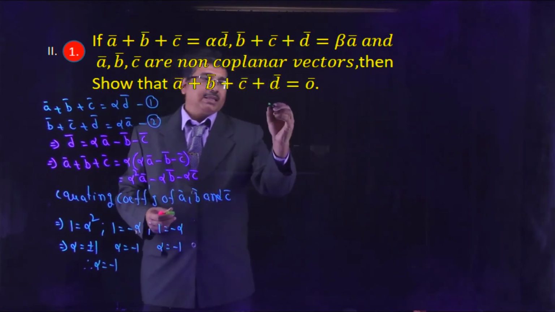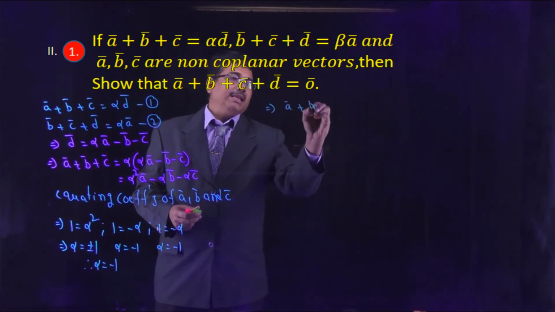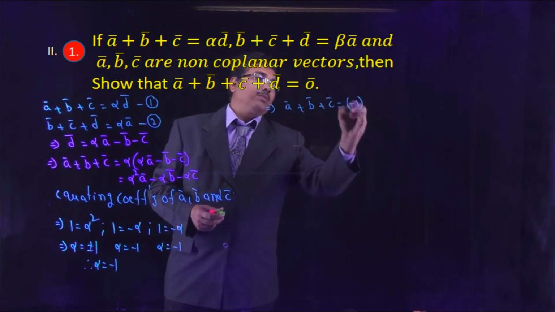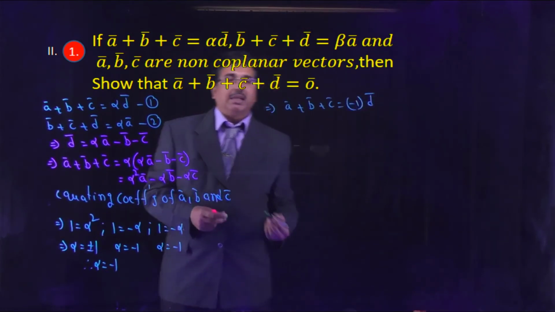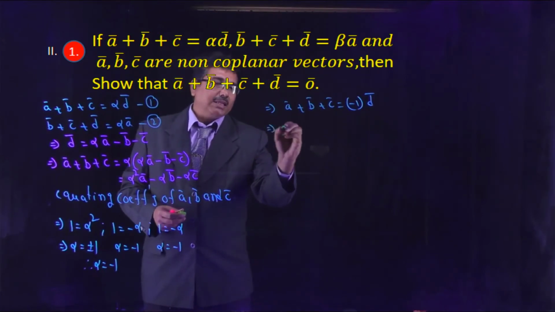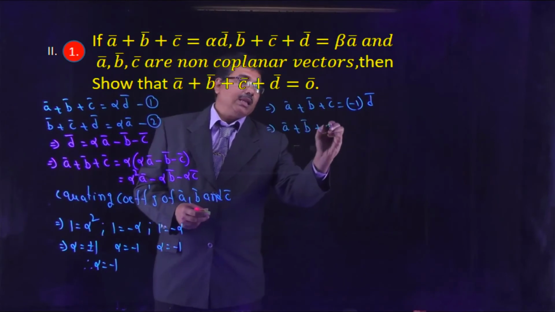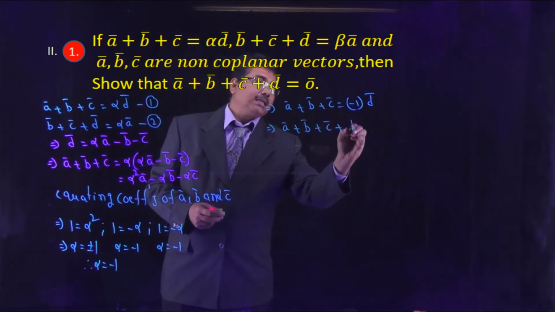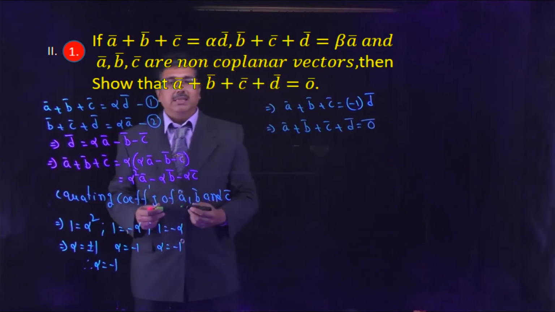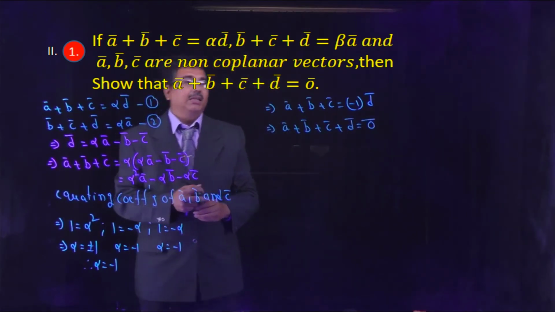That implies a bar plus b bar plus c bar is equal to minus 1 times d bar, that implies a bar plus b bar plus c bar plus d bar is equal to 0 bar. That is the required result.